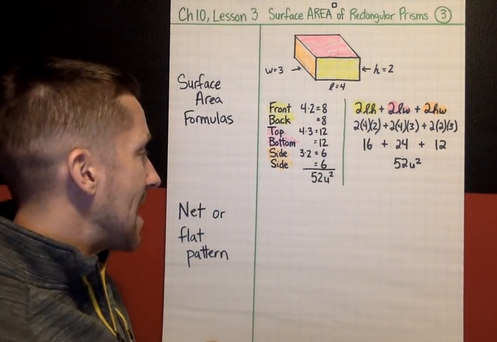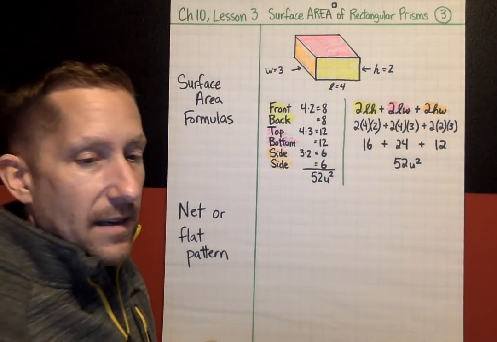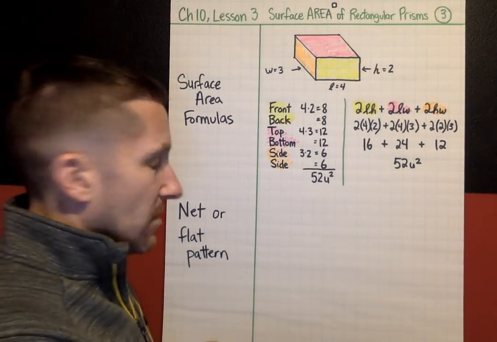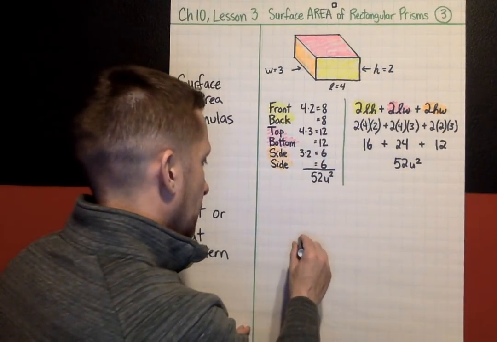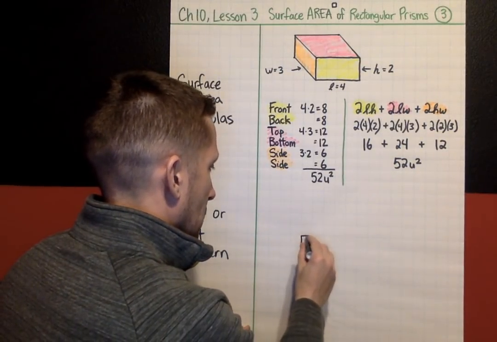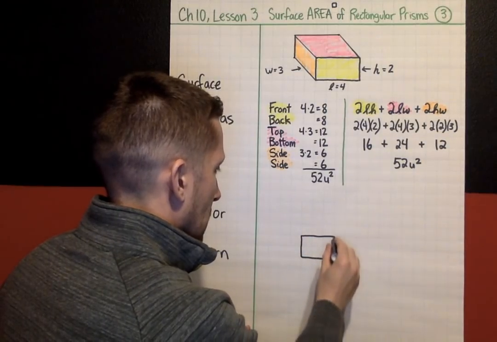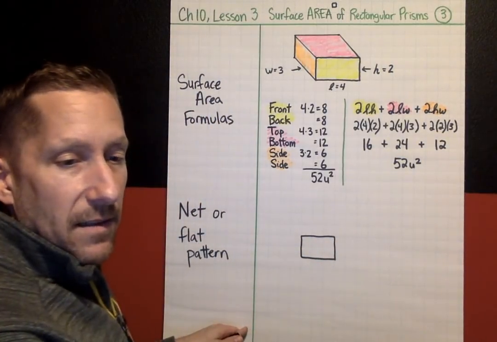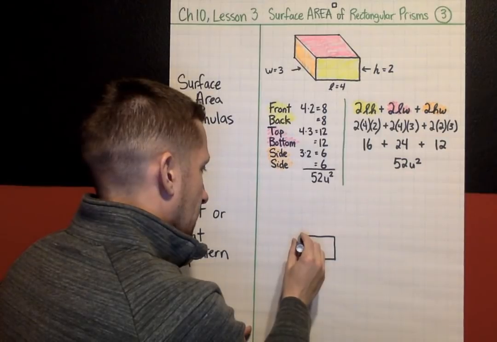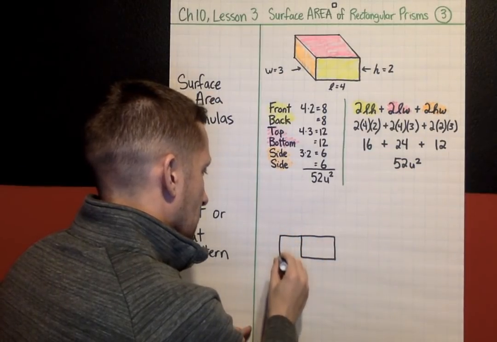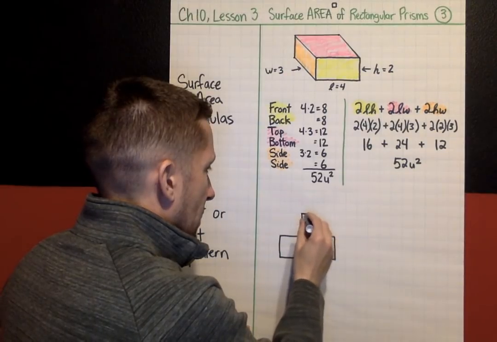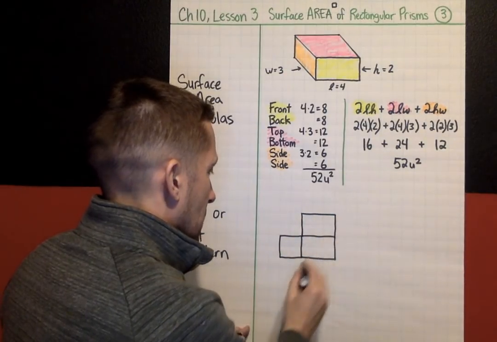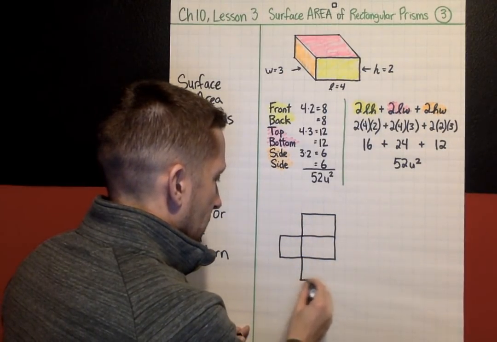So let's make an example of a net. I'm going to start by making a 3x2 rectangle. Then I'm going to make on this side a 2x2, and on the top I'm going to make another 3x2. Down here I'm going to make another 3x2.